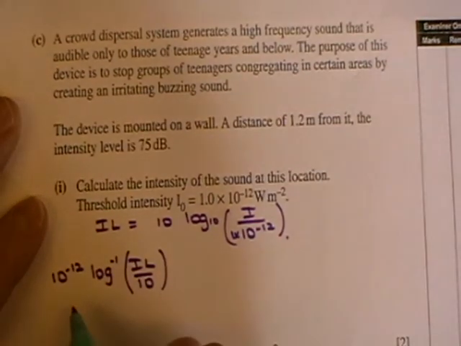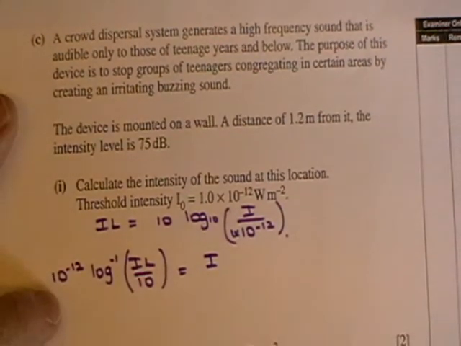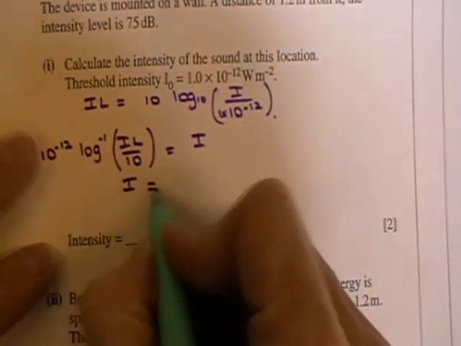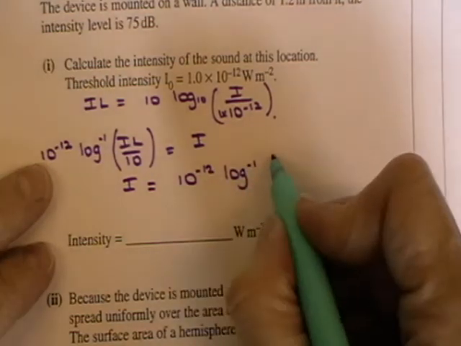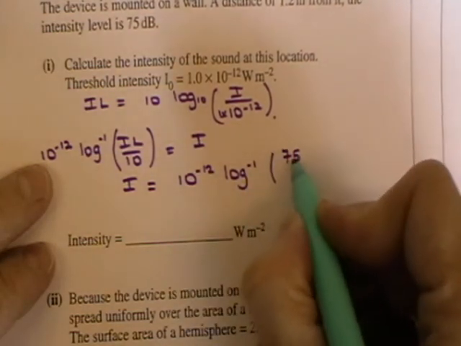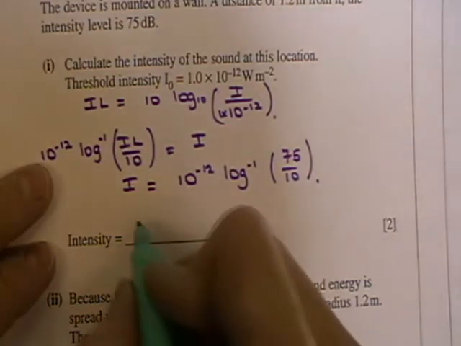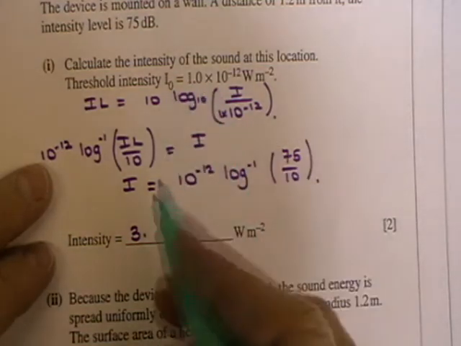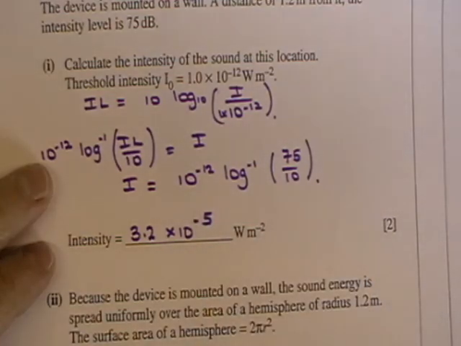Then when you multiply by 10 to the minus 12, that is how you calculate your intensity. So if you put your numbers in, the intensity is going to be 10 to the minus 12 times log to the minus 1 of 75 over 10. And that answer comes out to be 3.16, or rounded to two significant figures, 3.2 by 10 to the minus 5 watts per metre squared.